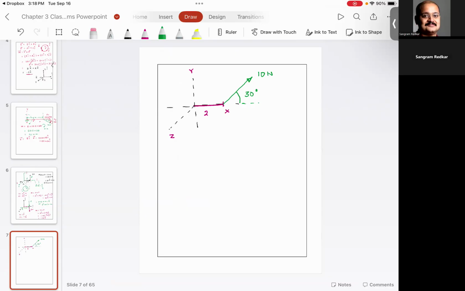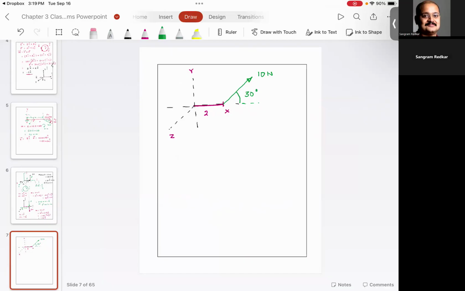And now I want to ask you this question: what is the total moment given by this force? Do you agree with me that your radius, right now the way we have shown, which is 2 meters, is not perpendicular to the force?